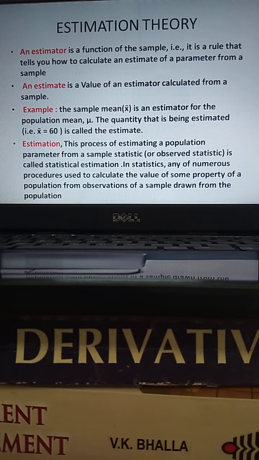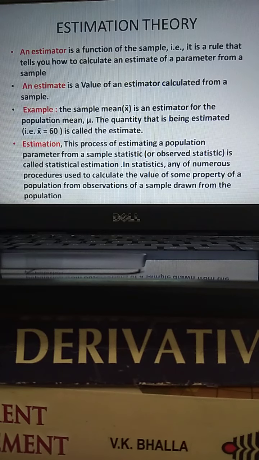All these formulae are known as estimators. When you substitute the values in this formula, you get the result. That result you call the estimate. The process you take up to get the estimate from the estimator is known as the estimation.